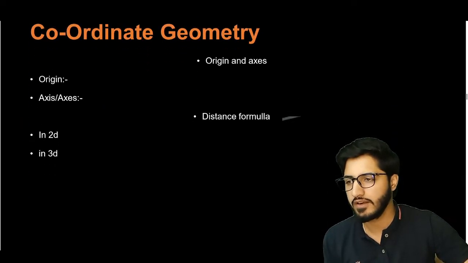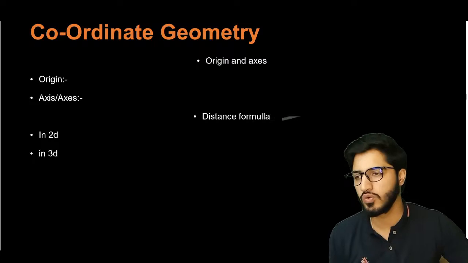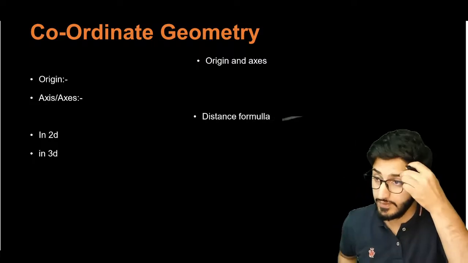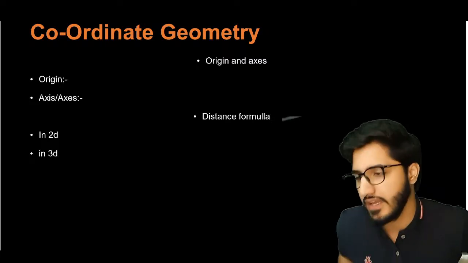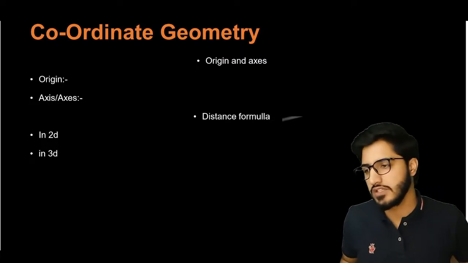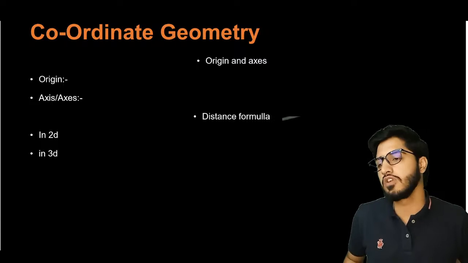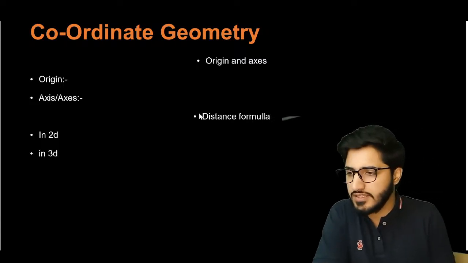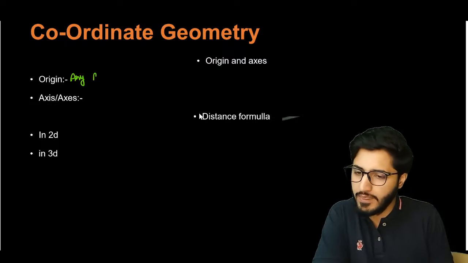Now we have completed our trigonometry. We will do now coordinate geometry. In coordinate geometry, we are having these terms: origin, axis, or the polar of it. Origin means any fixed point in space.